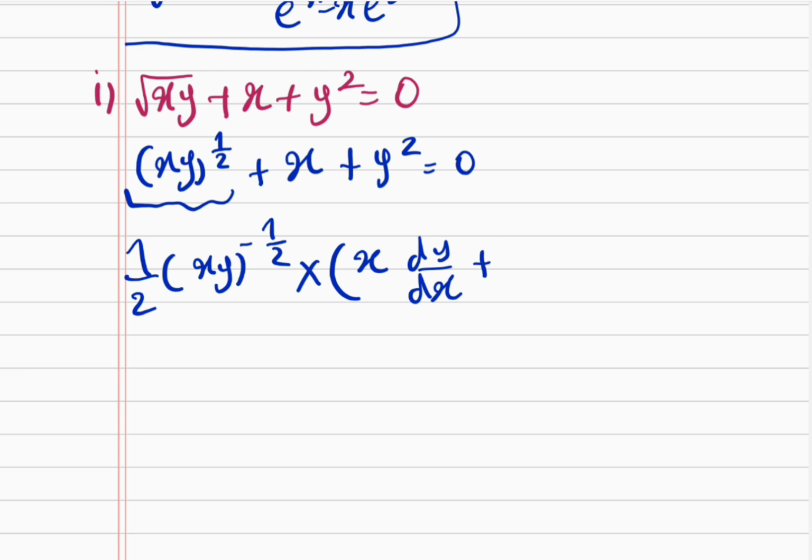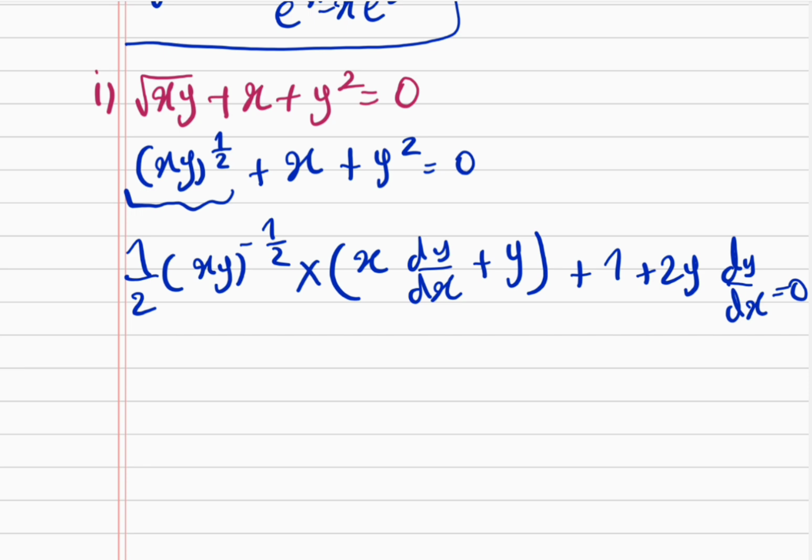Now the derivative of the first function, which is 1, times y. Okay, now this entire thing is the derivative of a square root of xy, for instance, and that's how we can differentiate these kinds of things. So the next term is just x, so x differentiates to 1, and y squared differentiates to 2y times dy/dx, is equal to 0.